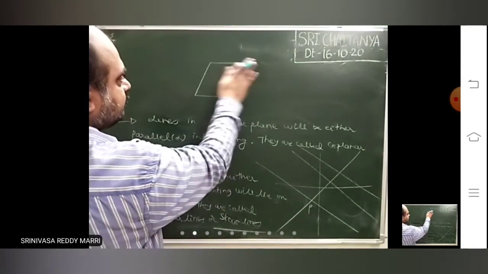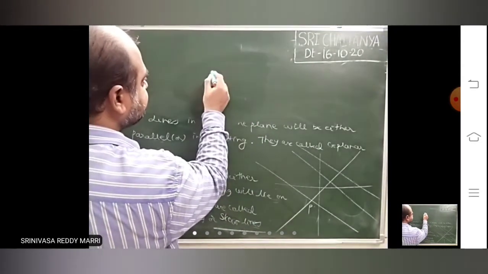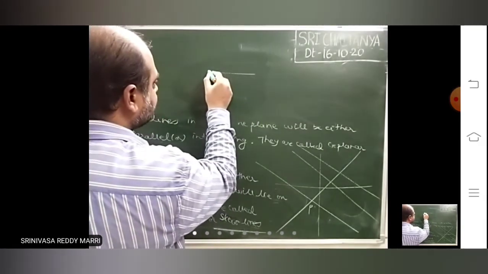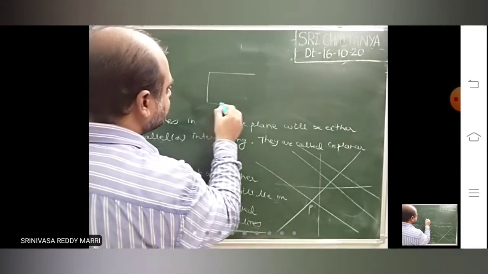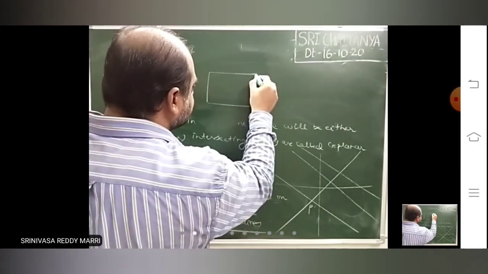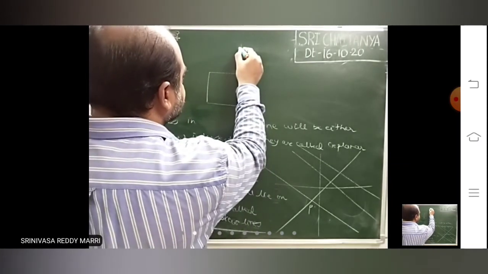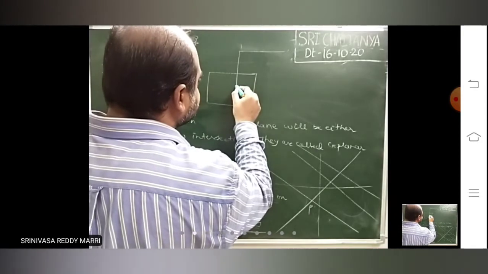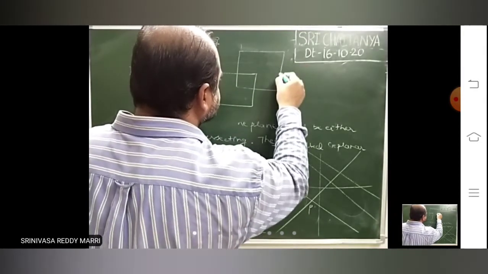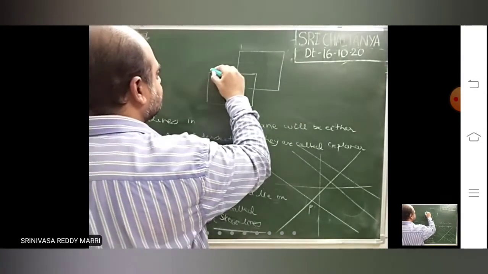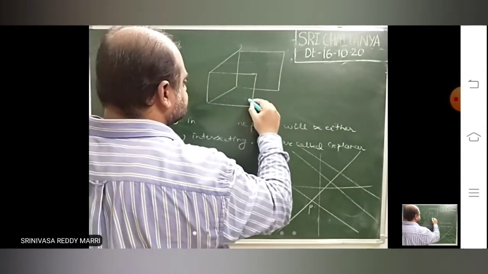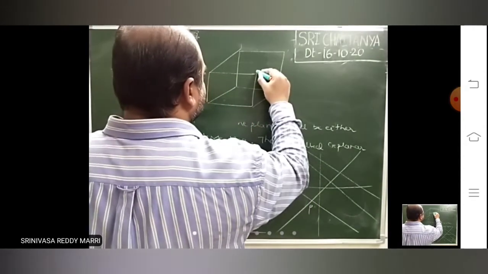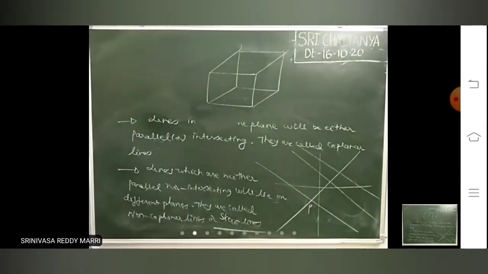Suppose let us say these are rectangles. Let us consider your room as a rectangle. You can draw anything. I don't know how your room is. My room is like a rectangle.